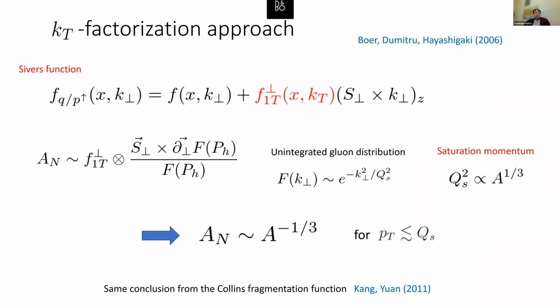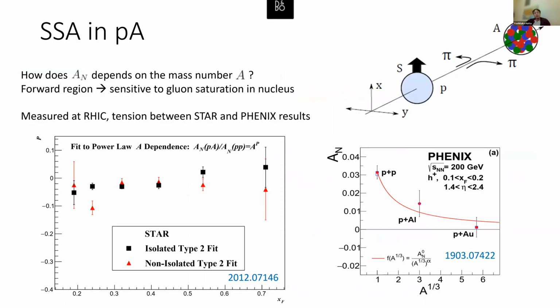If you assume a Gaussian form in the saturation region, then by taking a derivative you bring down a factor of 1/Q_S squared. Since Q_S squared, the saturation momentum squared, goes like A to the 1/3, the prediction is that A_N behaves like A to the minus 1/3. That seems consistent with this PHENIX result.